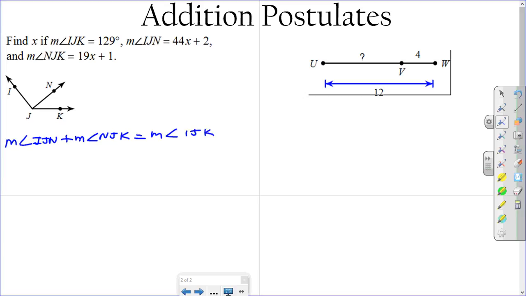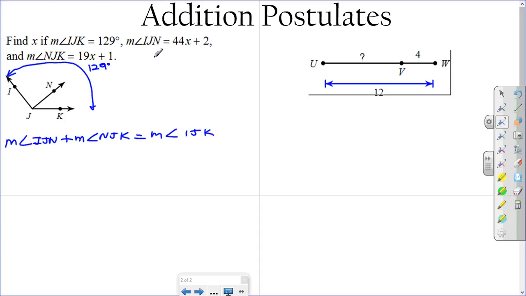Now once you do that, you plug in the values. Let me label my drawing. They told me IJK is 129. So from here all the way over here, this measurement will be 129 degrees.